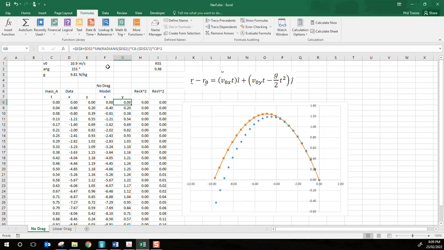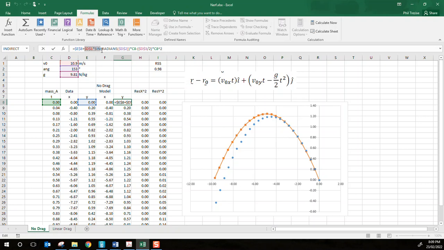Now for the y value, there's a little bit more to it because there's a little bit more to this part of the equation. Again, remembering that we will start with adding r0y. So r0y, the blue cell here, the initial y location, there it is, E8, added to v0y.